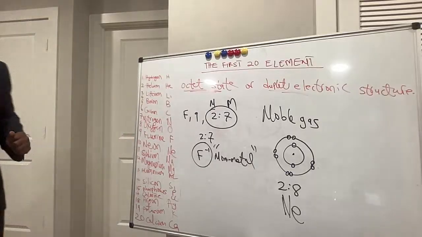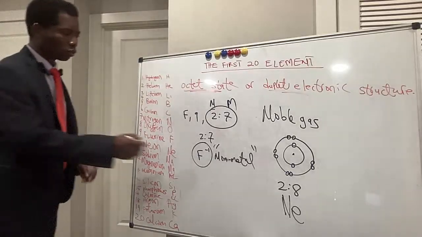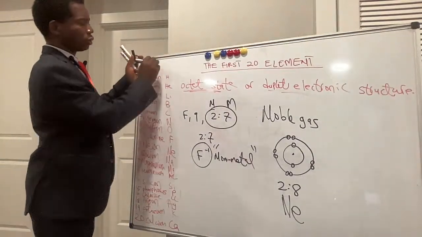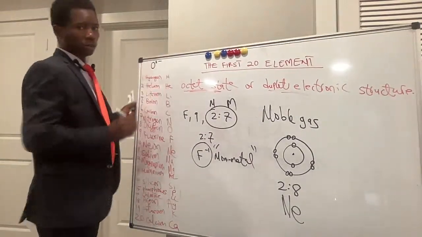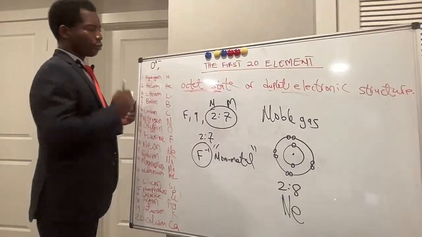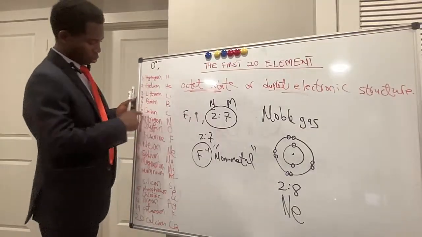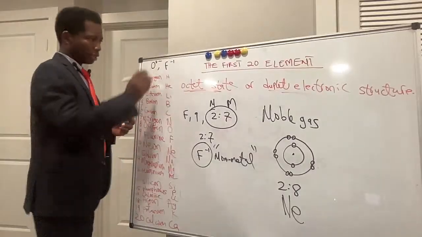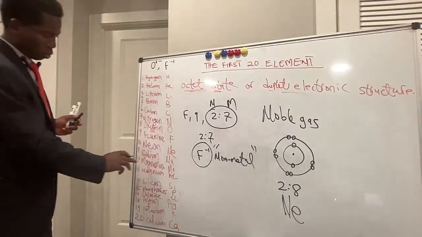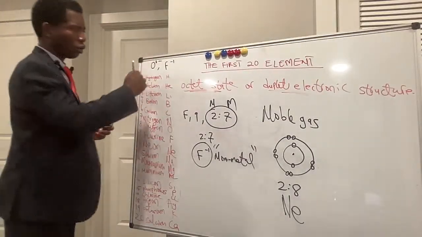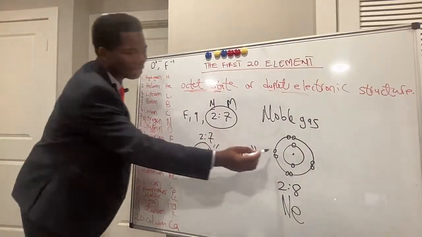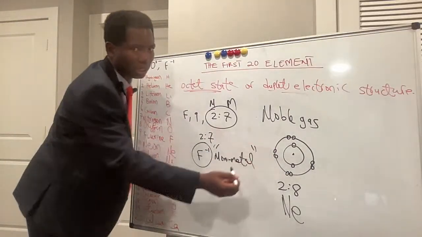Let's take note of the ion. Don't forget, the other time we saw that oxygen is -2. Then we look at fluorine ionization. Neon is not charged because it has 8 electrons in its outer shell.